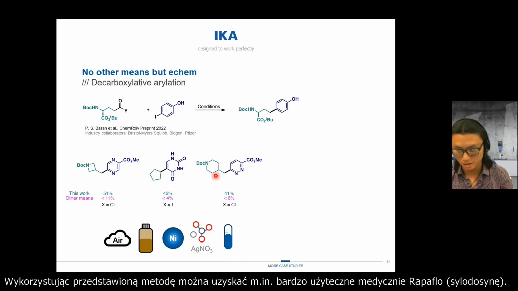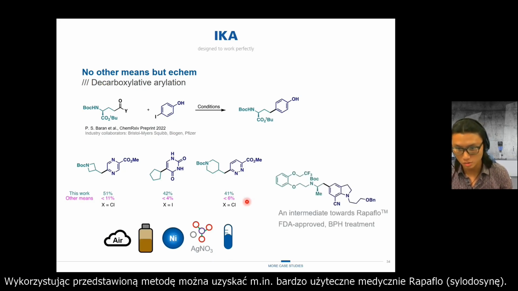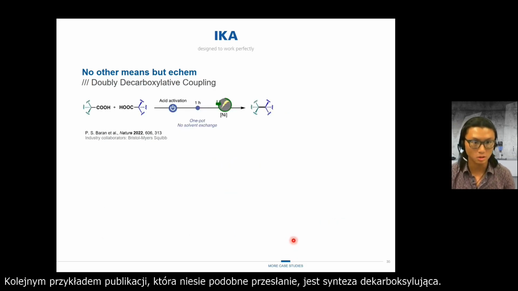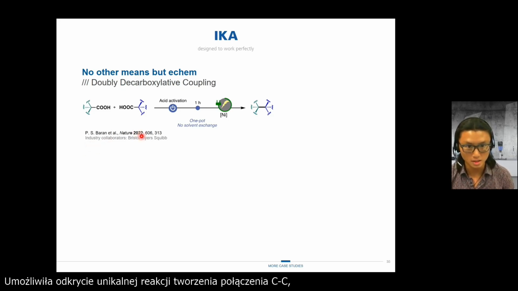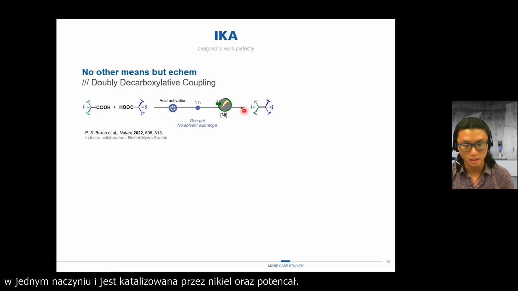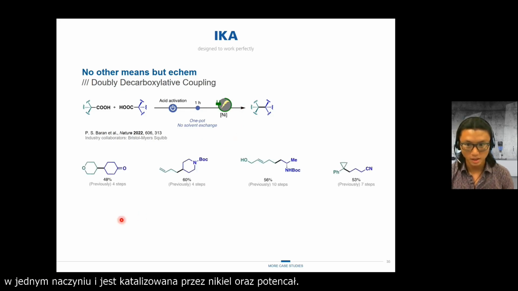And using the proposed mechanism, you are able to synthesize an intermediate towards Rapaflo, for example, which is very useful for medicinal chemistry. And the second paper, doubly decarboxylative coupling, delivers a very similar message. So from the Baran Lab, in collaboration with BMS, they have discovered a unique access to this C-C bond formation, starting with acid activation, without solvent exchange, in one single pot, and catalyzed by nickel and electricity.